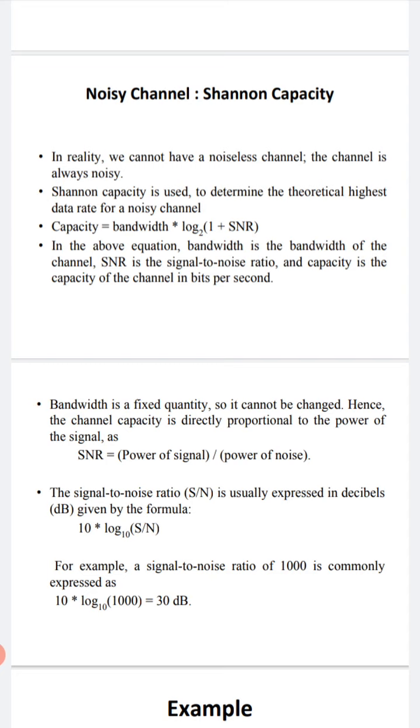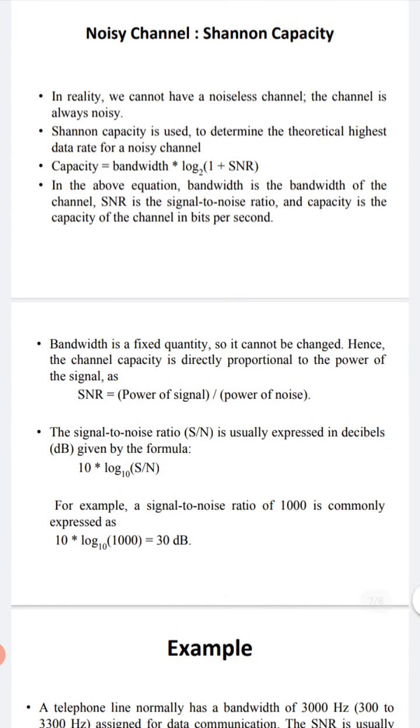The signal to noise ratio is usually expressed in decibel, that is dB. Expressed in decibel, it is given by the formula 10 into log S by N, that is the signal to noise ratio, to the base 10.